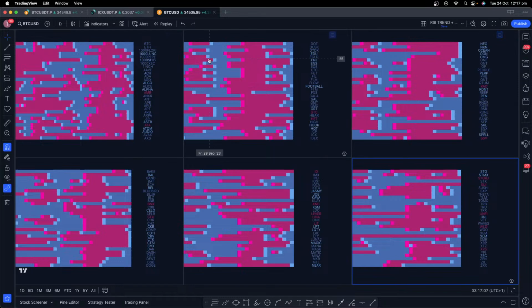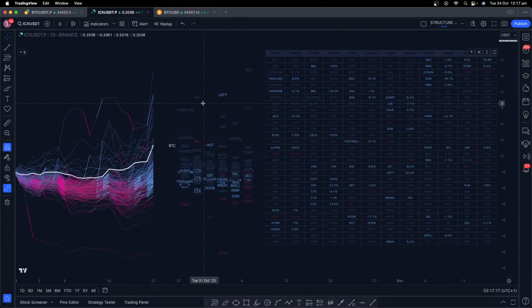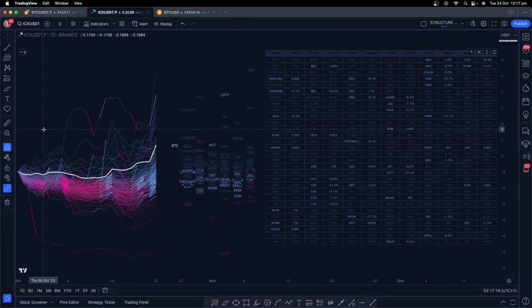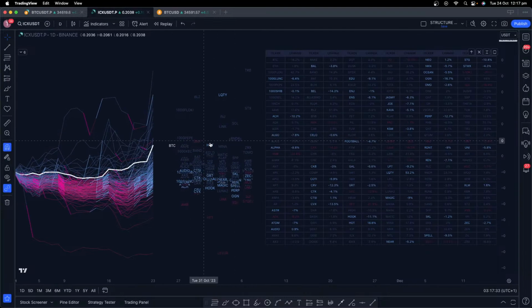So what I do is, I wouldn't tend to just jump straight into all of these. Sometimes I'll pull the spaghetti up, see, right, okay, I can see what's broke structure because we're getting that bright color. And I'll also look at the spaghetti. This is pinned to the monthly open, or October the 1st there. So it's pinned to that. I can see what's showing strength in regards to the monthly charts. Now, if we look down here, we've got a bunch that are above Bitcoin.